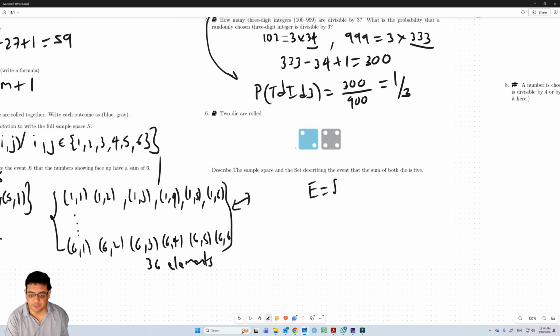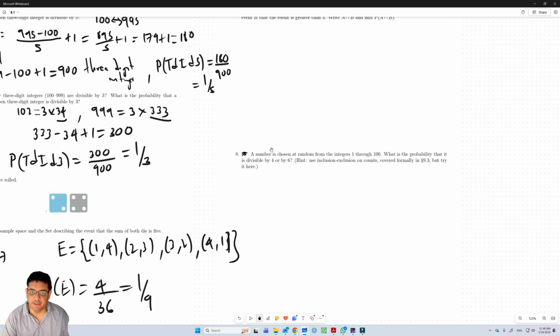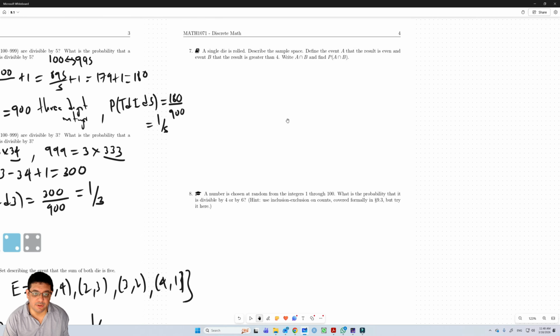To get sums of 5, we get 1, 4, then 2, 3, then 3, 2, and then 4, 1. So this is our event of the sum of two dice giving 5, and the probability of that event is of course 4 out of 36 elements, which is 1/9 simplified.